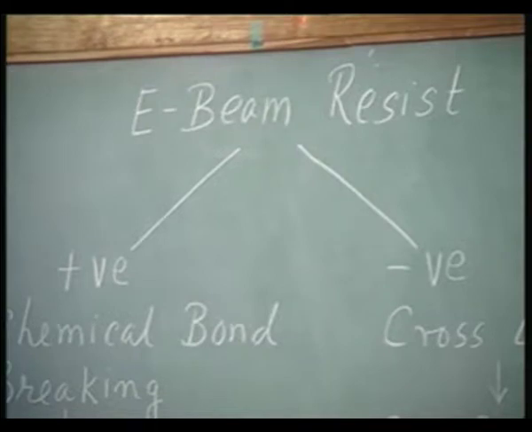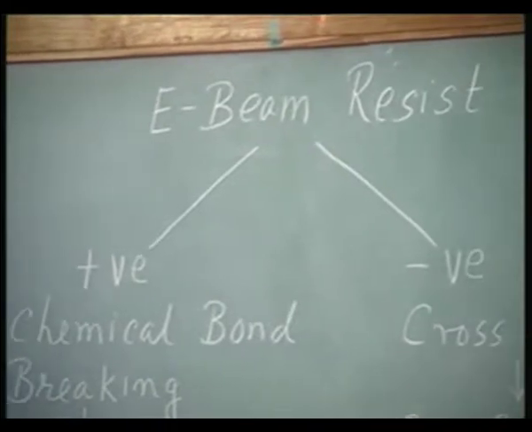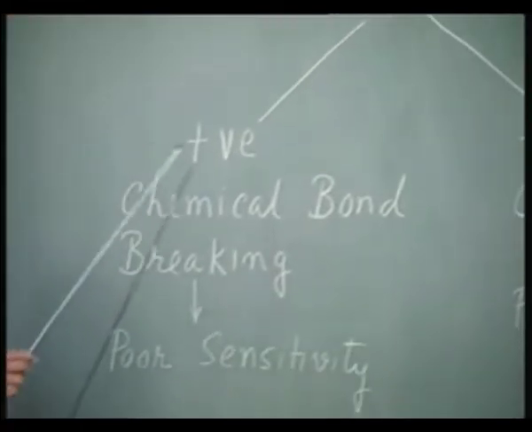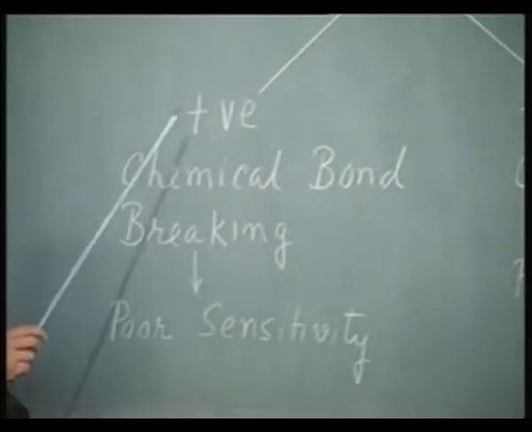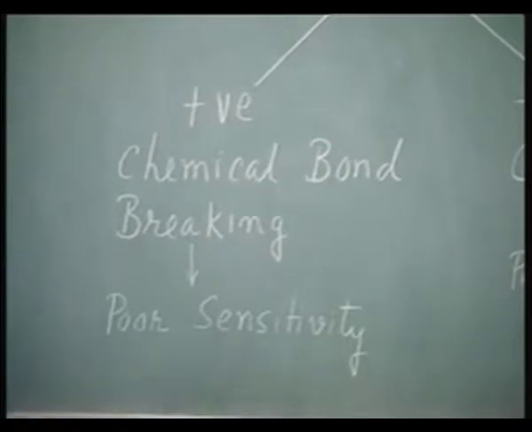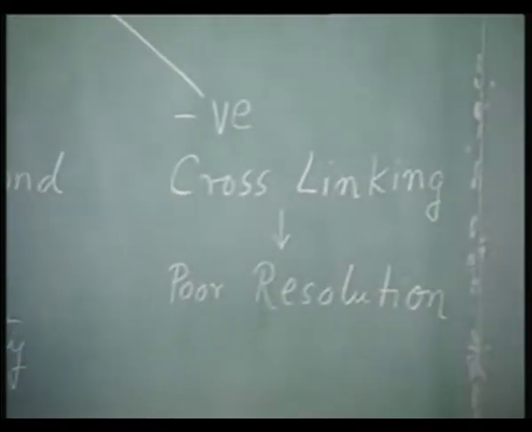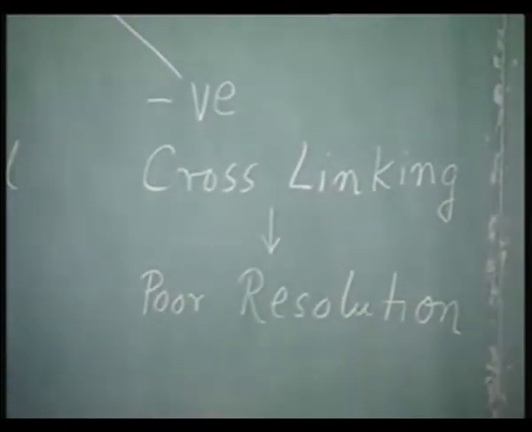As you already know, positive photoresists got softened when they were irradiated by UV light. Similarly, positive E-beam resist gets softened when it is irradiated by the electron beam, and negative E-beam resist gets hardened when it is irradiated by the electron beam.